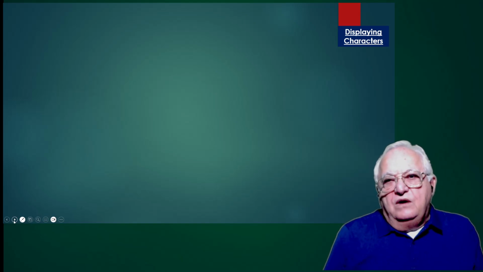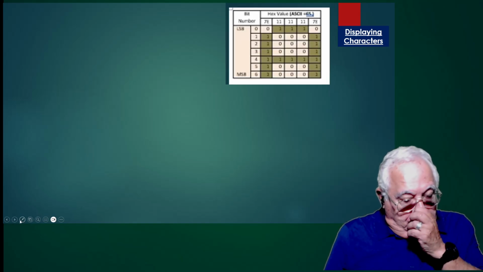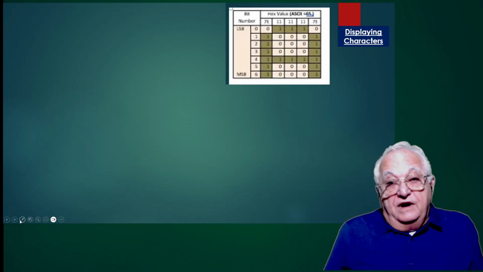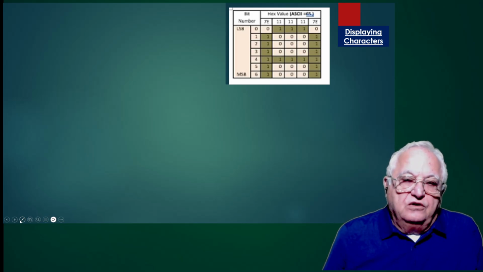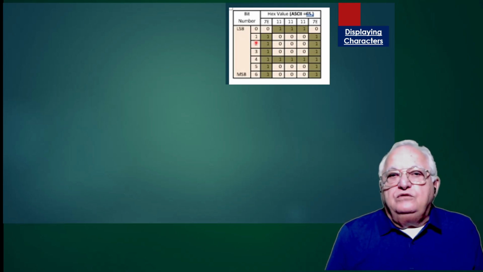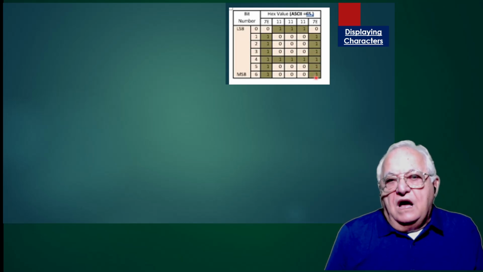So let's look now at display character. So far we know how to select an area and turn on and off pixels. So let's assume we want to write this ASCII character, which is an A. Now, I made a presentation where I showed you how we put this together.